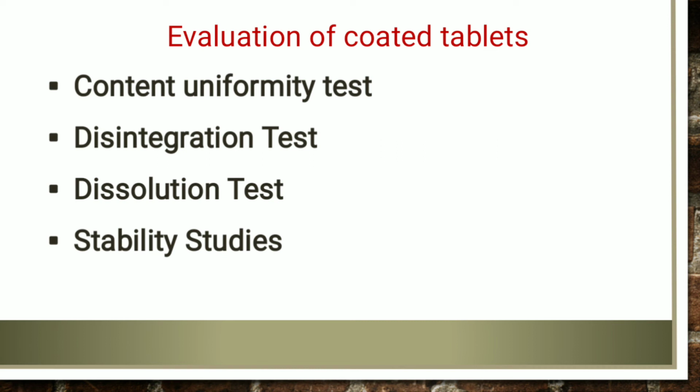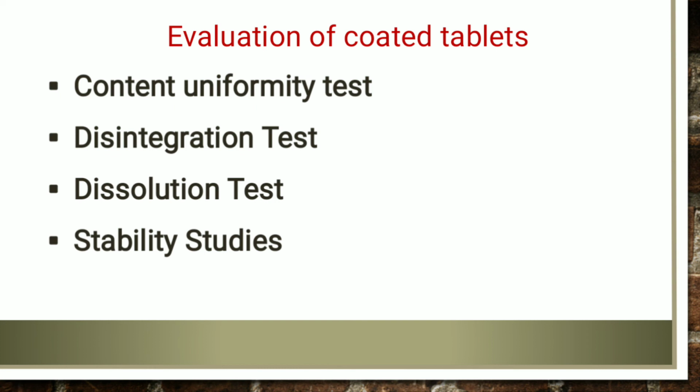Here coated tablets are exposed to elevated humidity and moisture, and measurement of tablet weight gain is conducted. This study provides relative information about the protection provided by the film.